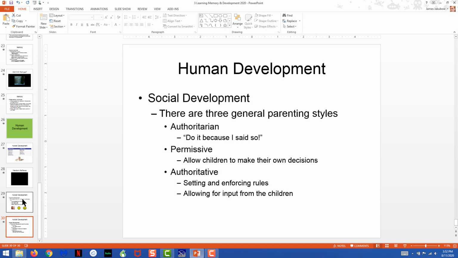So, for example, in the United States, the authoritative technique tends to be the one that is most common. In some of the more egalitarian European countries, like Holland, for example, the permissive parenting style tends to be a little bit more pervasive.